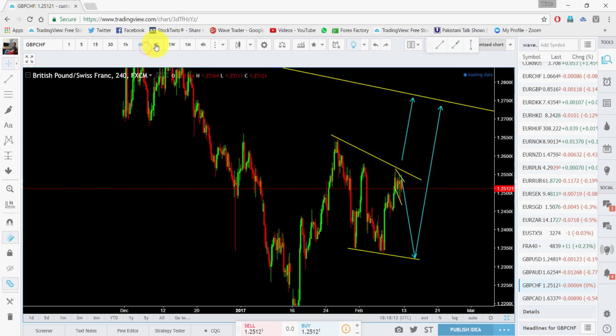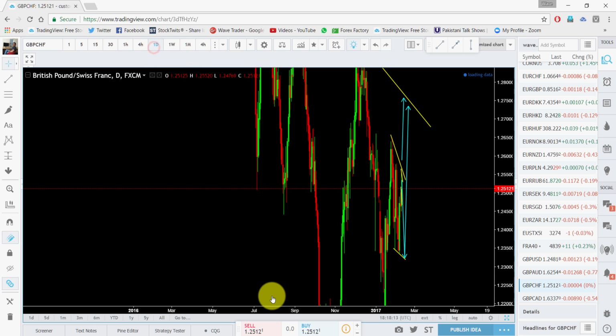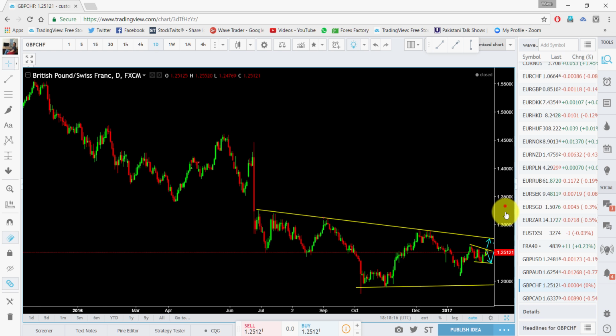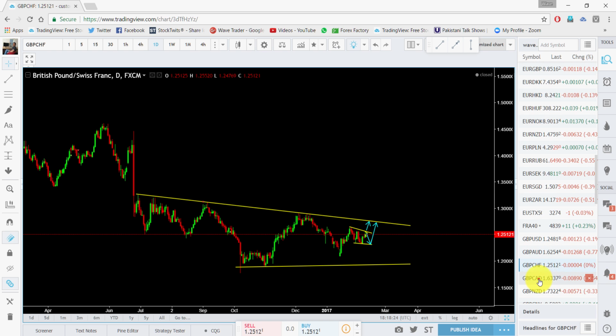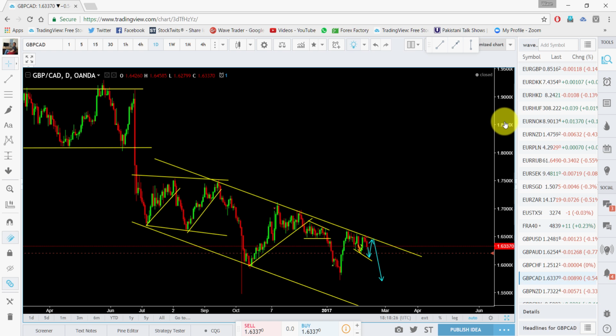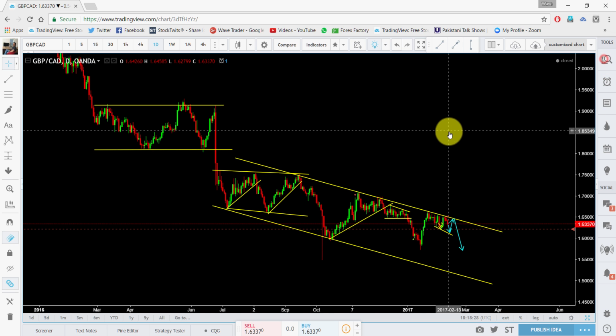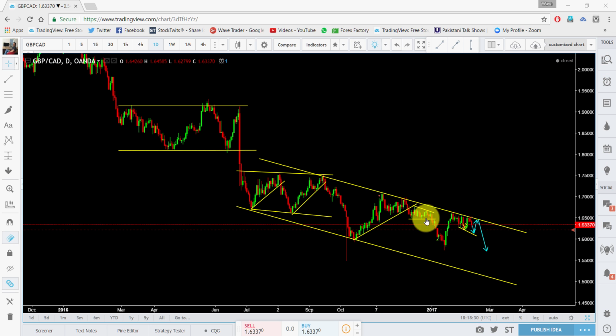Once price hits the upper trend line, we will look for a sell, same as the other pairs. Pound CAD, this pattern is very much possible. I'm anticipating price will not break to the upside and will form a new low.